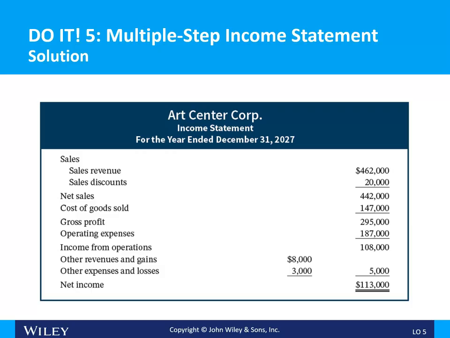And then we look at our non-operating activities, or our other revenues and gains, and our other expenses and losses. We add the other revenues and gains and subtract other expenses and losses to get a net. We add that to our income from operations, or if it was a net loss, we would subtract it. But in this case, it's a net gain, so we add it and get our net income.